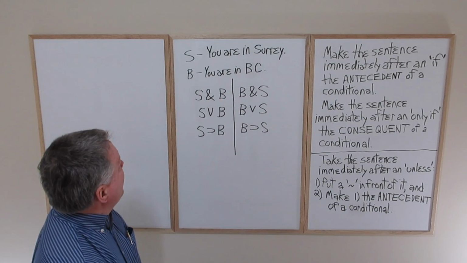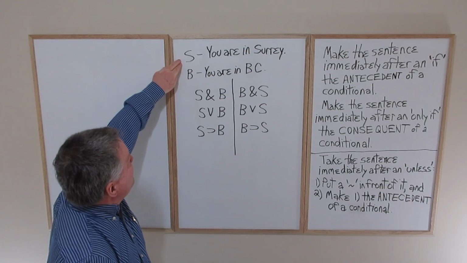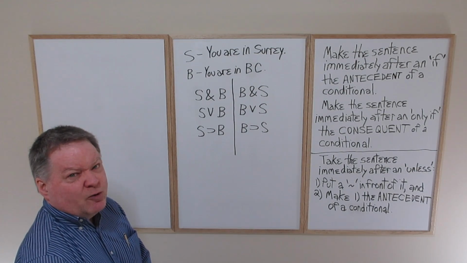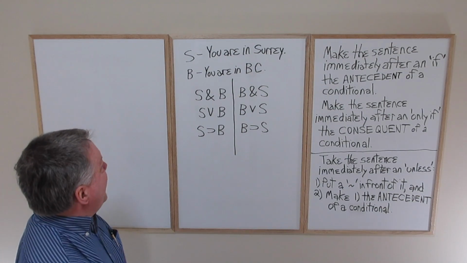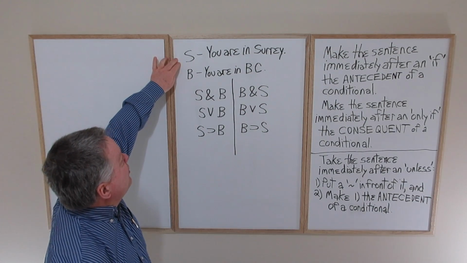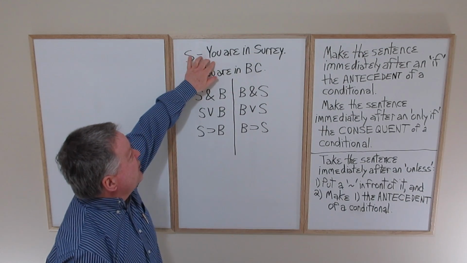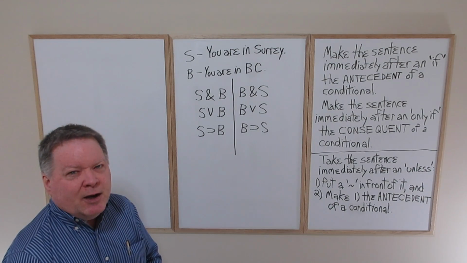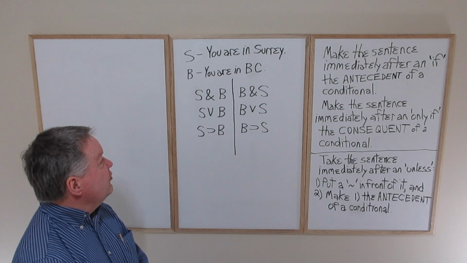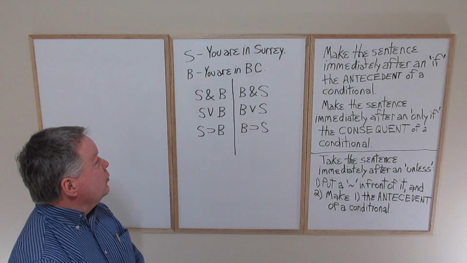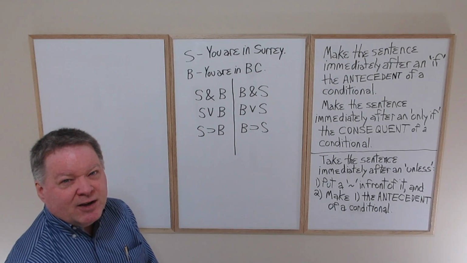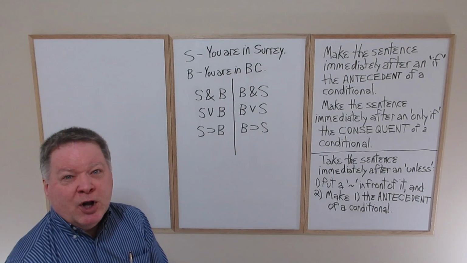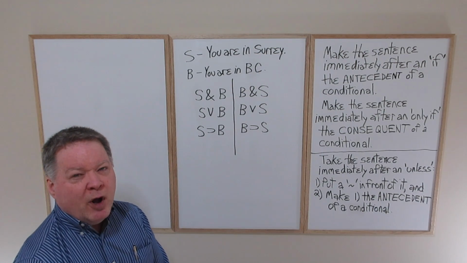At this point, normally people might ask the following question, well, what if you are in Surrey means you are in Surrey, England? The answer to that is that if capital S were intended to stand for the simple sentence, you are in Surrey, England, it would be indicating a different proposition or commitment about the world than the one I'm intending it for. So I'm intending this capital S to stand for you are in the Surrey where Kwantlen is.